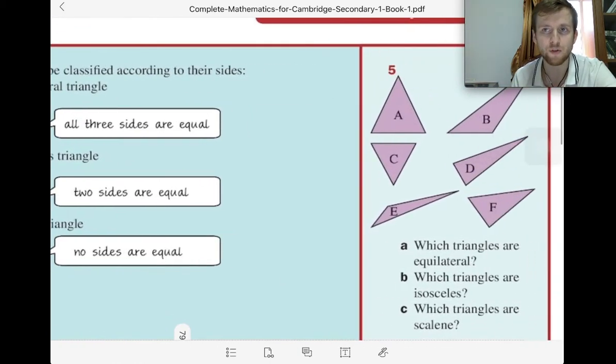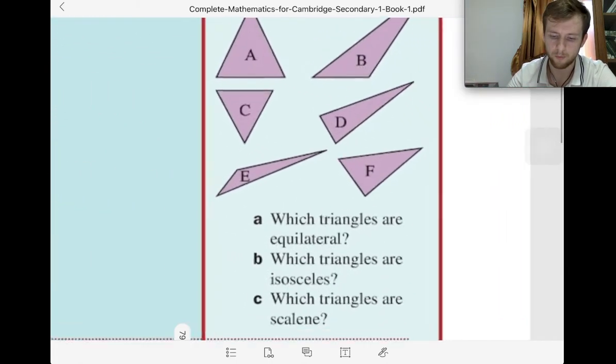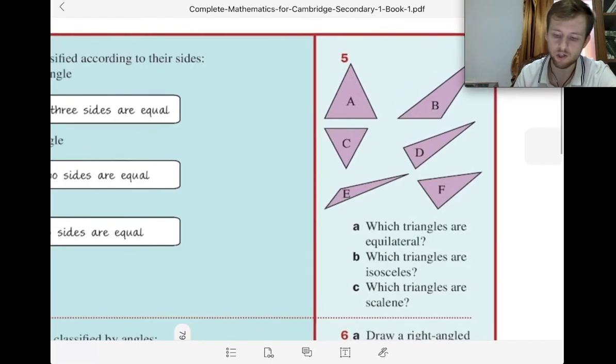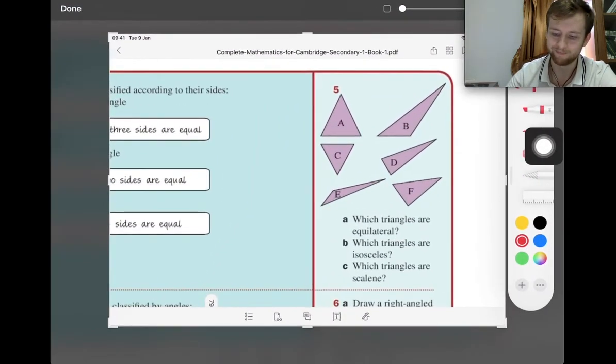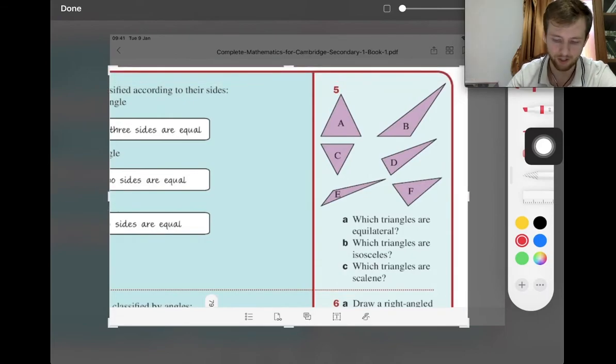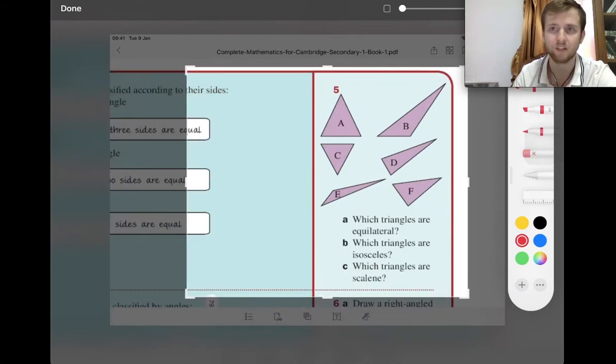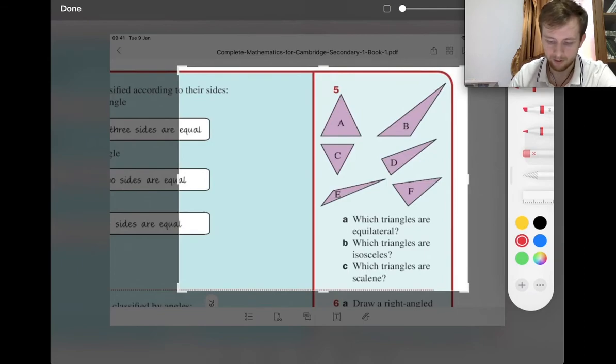So the way we can do this is normally we would have to use a ruler to do this question. I can try to go to that app again. Okay, let's try this. I don't really like it much, but let's do it.